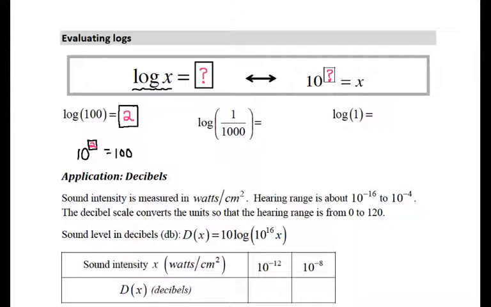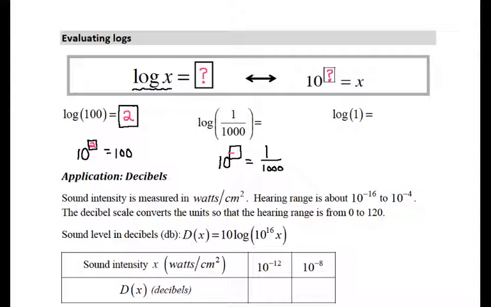Same idea here. I'm trying to find the log of 1 over 1000, so I'll ask myself 10 to what power gets me 1 over 1000? And I have to think about this in 2 steps. One step is that it has to be a negative number. That's how it turned into a fraction, right?